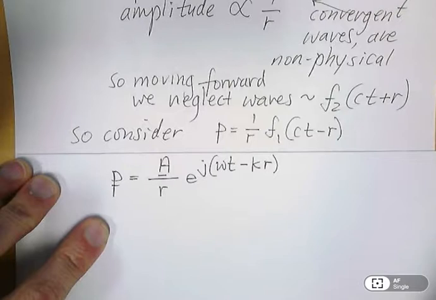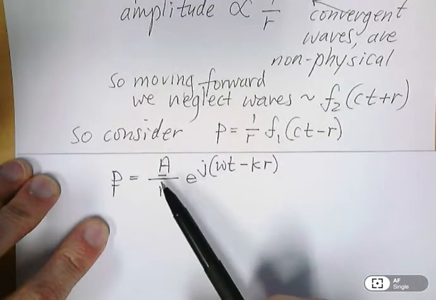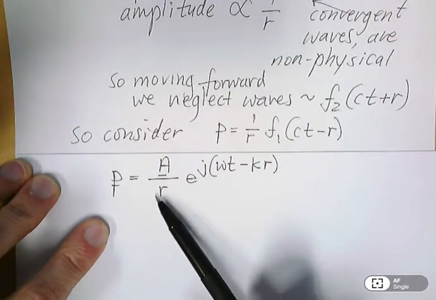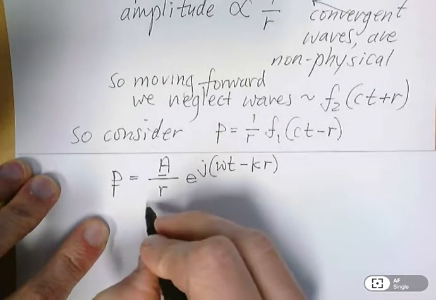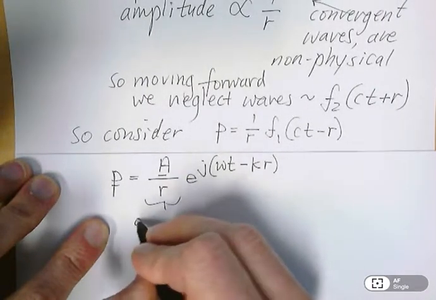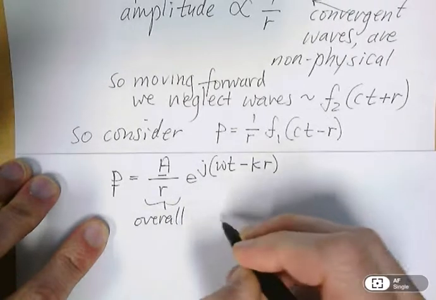So this is similar but quite different than harmonic plane waves. The amplitude is the overall complex amplitude.